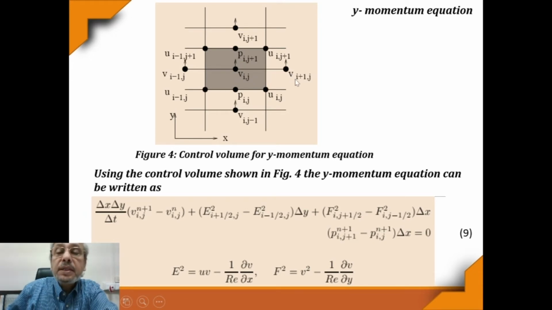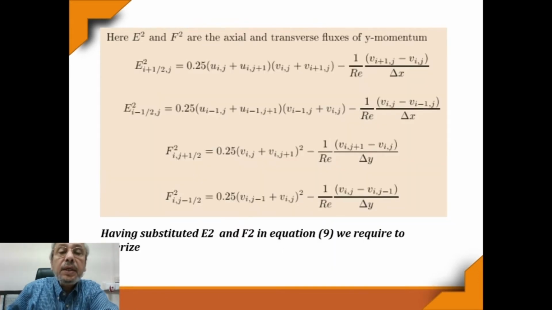Vij plus Vi plus 1j by 2 will give v here, and Uij plus 1 by 2 will give u here. So we will look at the terms which are basically Uij plus 1 by 2.